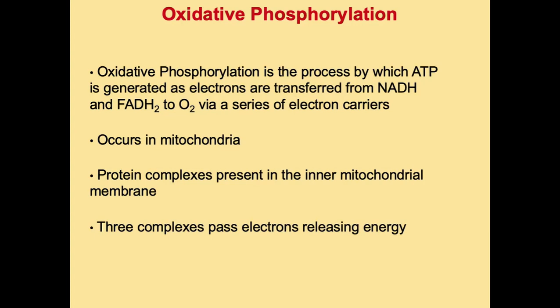The proteins involved in this, big protein complexes, are present in the inner mitochondrial membrane. It consists of 3 complexes which are passing electrons on, and each time the electrons are passed on, they release energy.